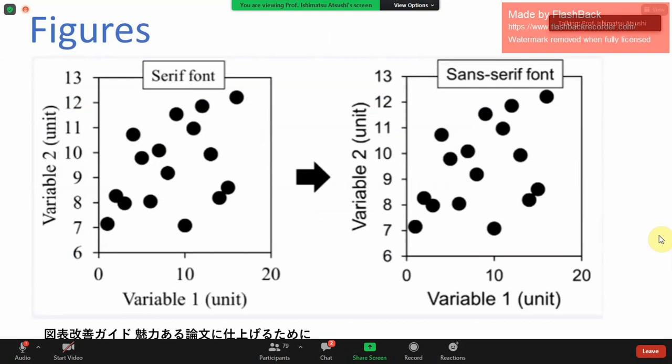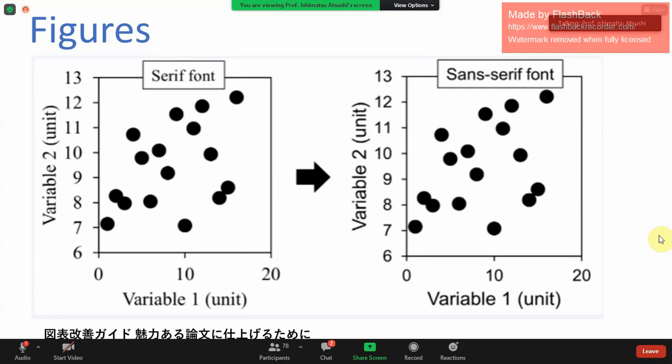Sorry about these low quality images. I copied this from the Japanese Society of Ecology. They recommend, and actually many journals recommend, to use sans serif font this way, not this one. But of course, this is different between journals.